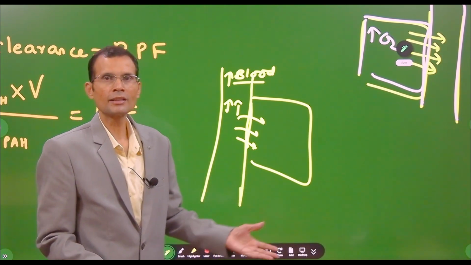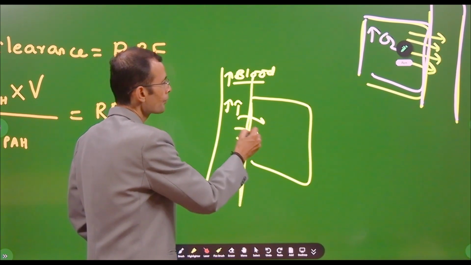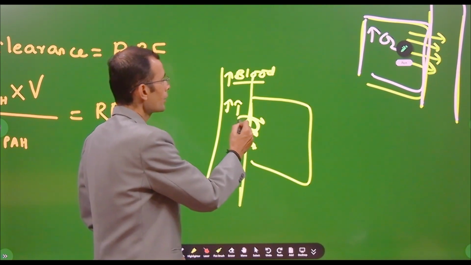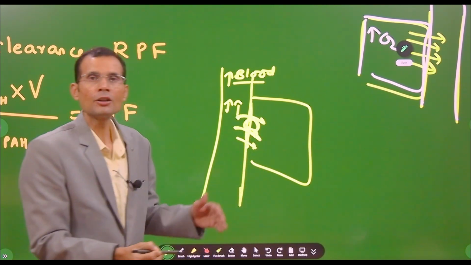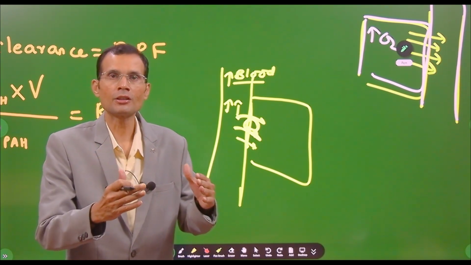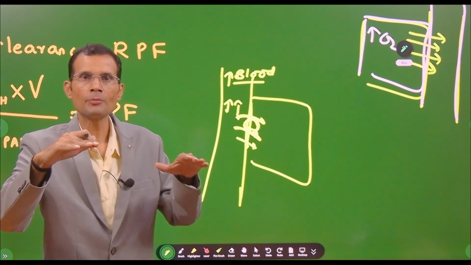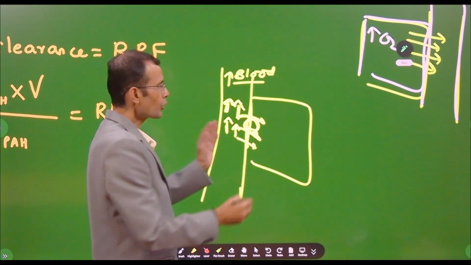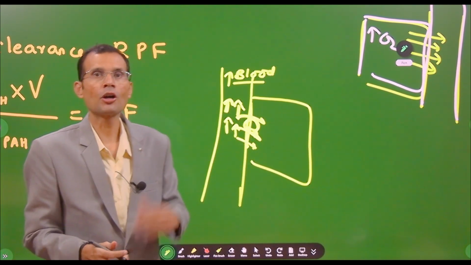But beyond a certain concentration, the carrier will get saturated, and the rate of glucose entry into the cells cannot increase any further. Even if the concentration goes on increasing, the rate of transport into the cell cannot increase any further.